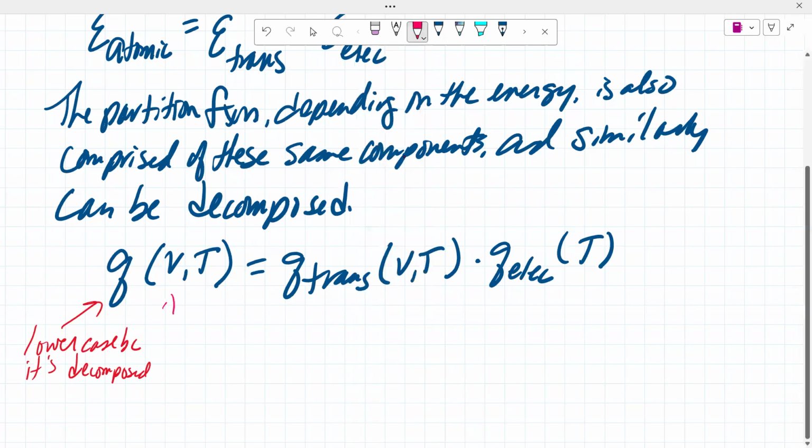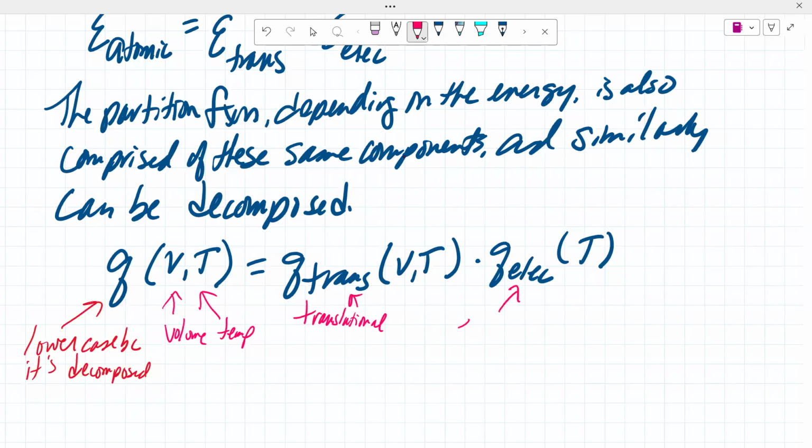V is the volume. T is the temperature. Not surprisingly, trans stands for translational. Okay, again, V and T are volume and temperature. Elec will be for electronic. Oh, there's our electrons. And did you notice there's no V here?